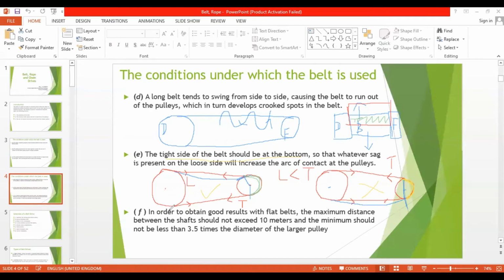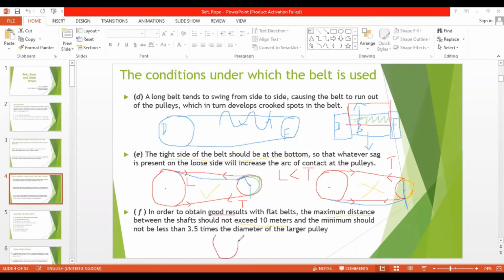So I was discussing the distance between the shafts. The maximum distance is expected to be 10 meters in order to transfer the power efficiently, that is, to get good results. And the minimum should not be less than 3.5 times the diameter of the larger pulley.